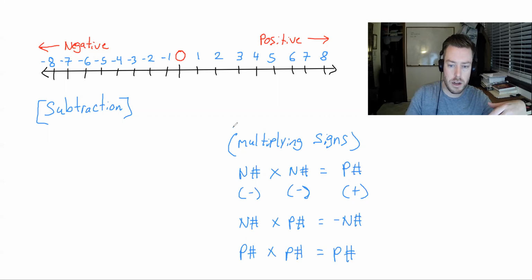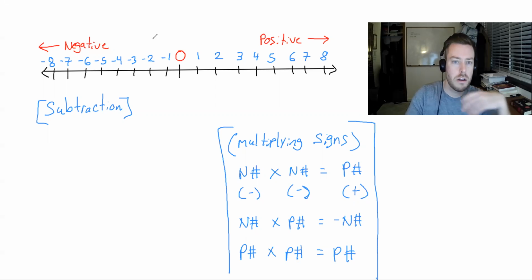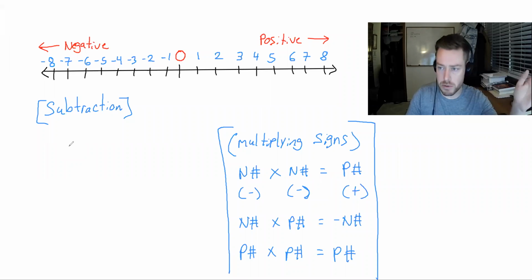So kind of understanding this for a brief second, let's see what we've got. Okay, so when it comes to subtraction, let's throw up some numbers and see what happens. Let's say -2 subtract a -2.